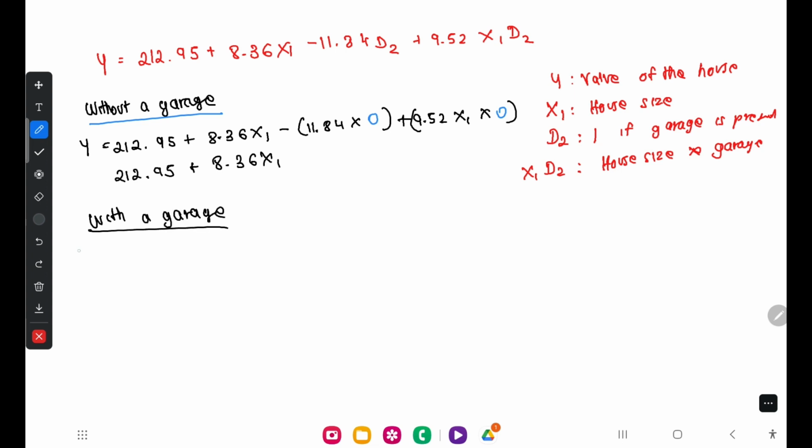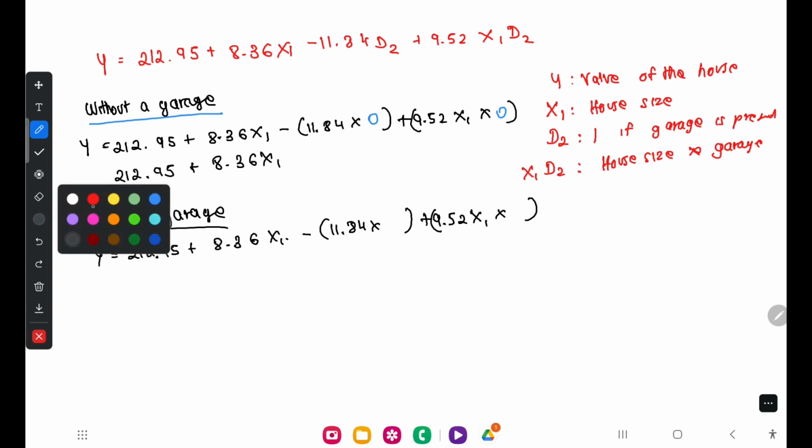Now if we consider a house with a garage, then wherever there is D2 you have to plug in 1. 8.36 x1 minus 11.84 into something plus 9.52 x1 into something. What is that something?